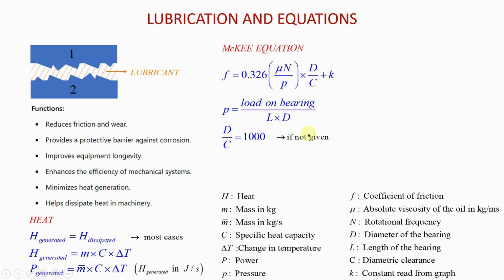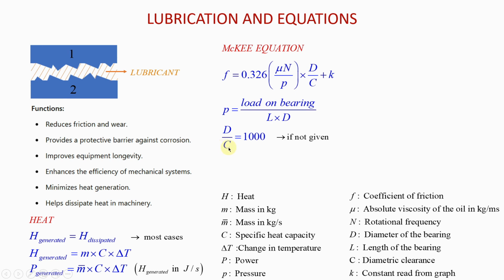Usually you will have information for the diameter, but if you are not given information for the clearance, you can assume D over C to be equal to 1000. Very important.